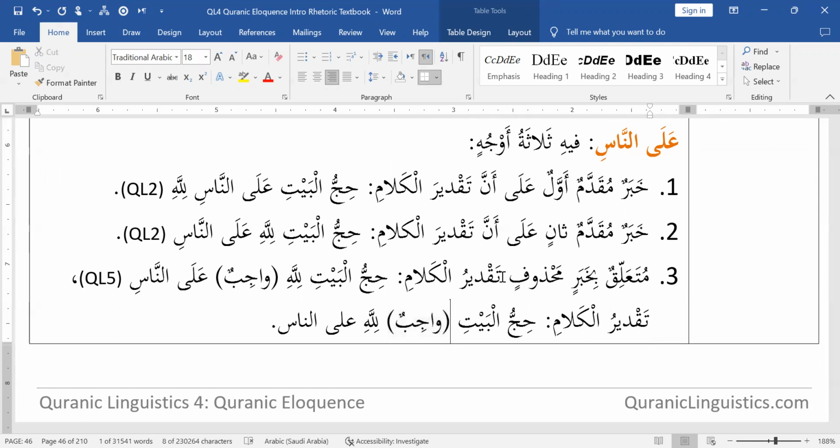So wajibun is khabar. Hijj is mubtada, it doesn't change. It's always mubtada regardless of your taqdeer. And wajib is khabar mahdhuf. And then both of these shibul jumlas, lillahi and ala nas, are muta'alliq, connected, linked to the khabar mahdhuf, wajibun.